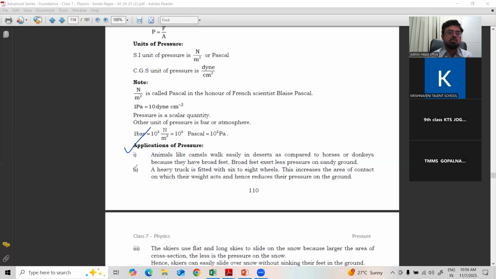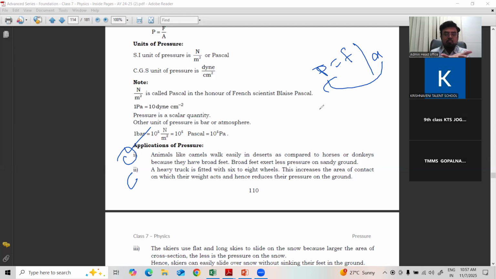When you see a camel in the desert, you observe carefully the camel's foot, right? Their feet are very large. So because of the large area of cross section, you know what the pressure is? Pressure is equal to force by area.